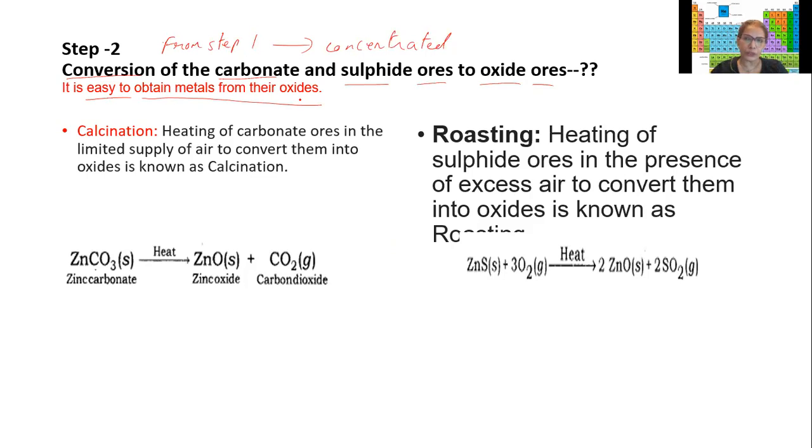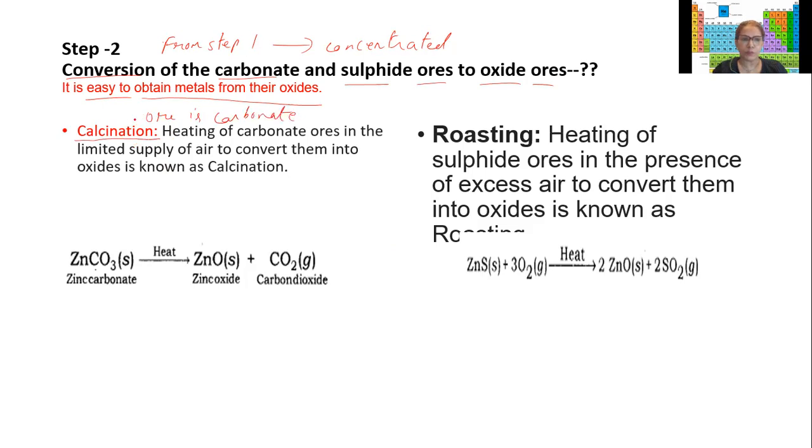If it is a carbonate ore, it has to be converted to the oxide ore. Now, how is it done? There are two methods. First is calcination. Calcination is used if the ore is a carbonate.